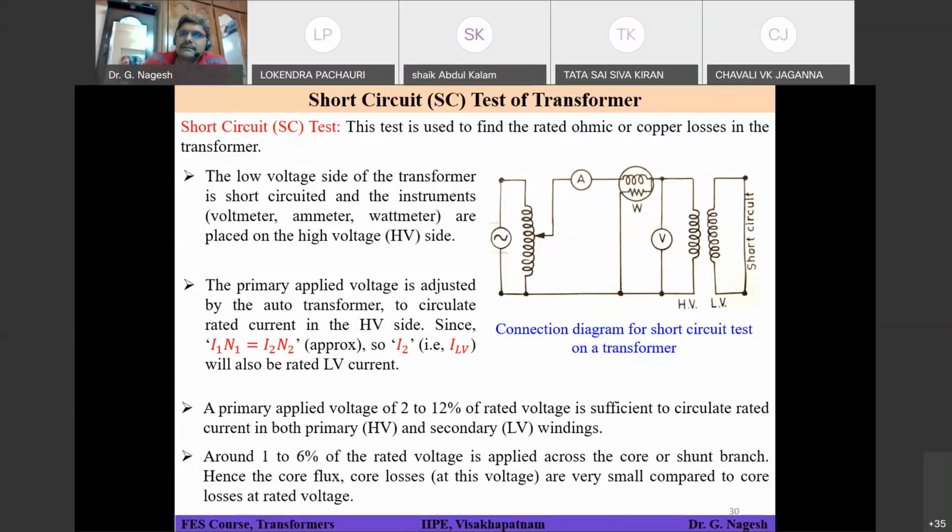I rated whole square into the resistance of that winding. If you are not flowing the rated current in the transformer winding, and let's say you are sending only half of the rated current, can we say that the copper losses are the full load copper losses?